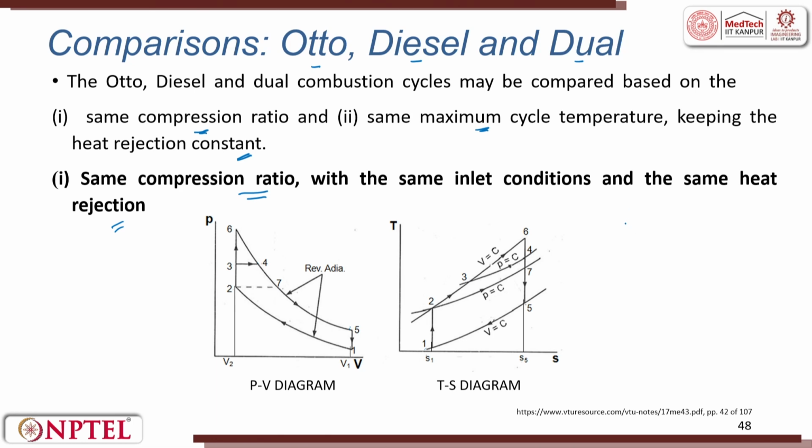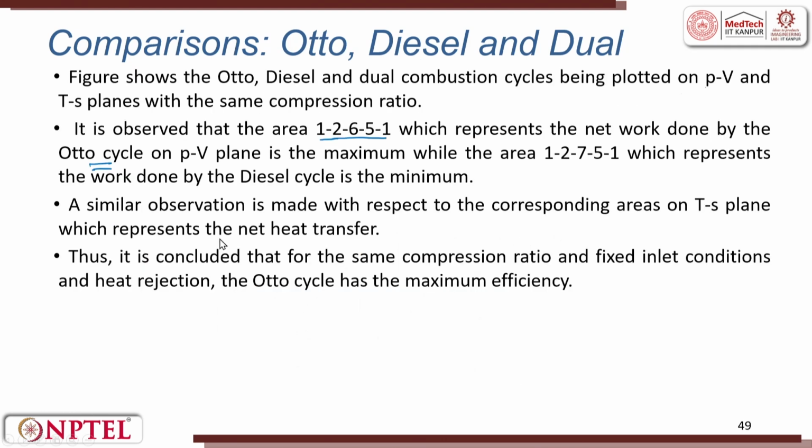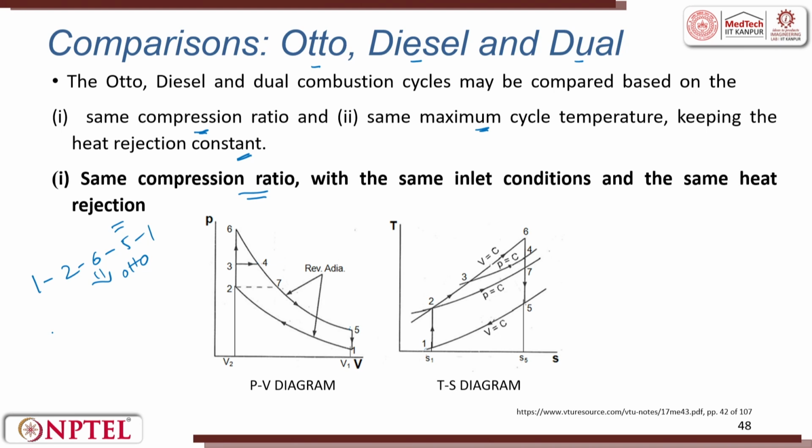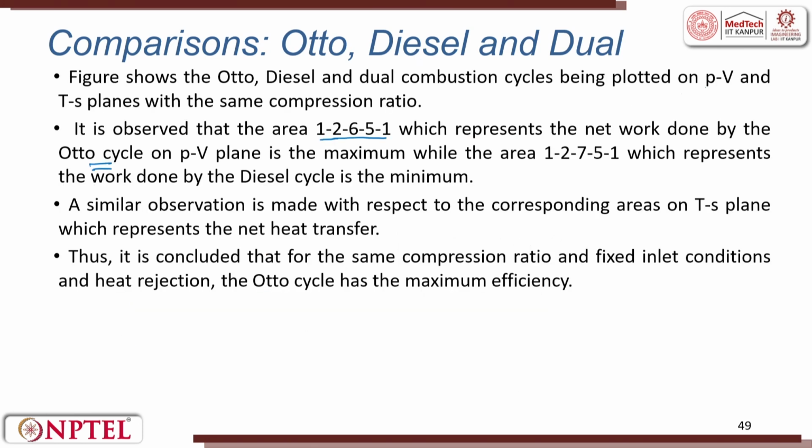So, let me write it: in the PV diagram, 1, 2, 6, 5, 1 is Otto, and it is the maximum, while the area 1, 2, 7, 5, 1 is for the diesel cycle.